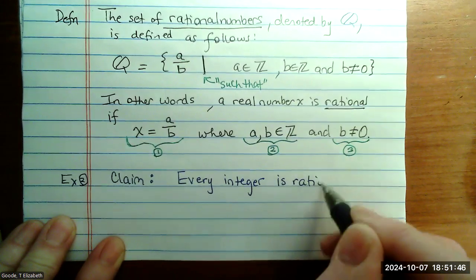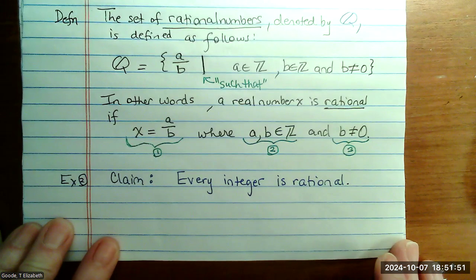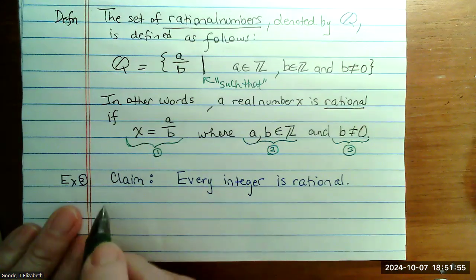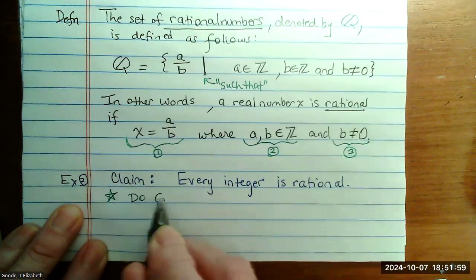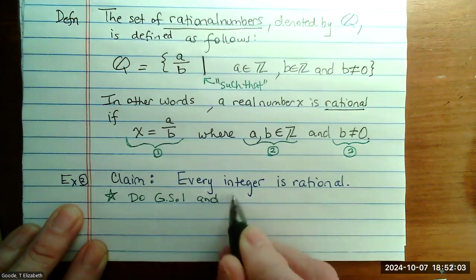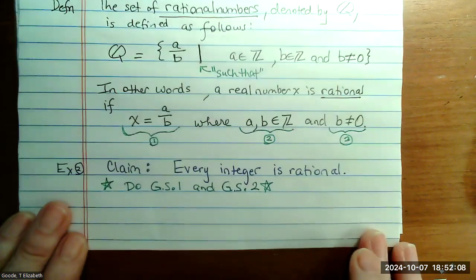That's the claim, that every single integer is actually rational. Let's do good step 1 and good step 2 right now. Can you write that as an if-then? It's definitely universally quantified. So let's write that as an if-then.